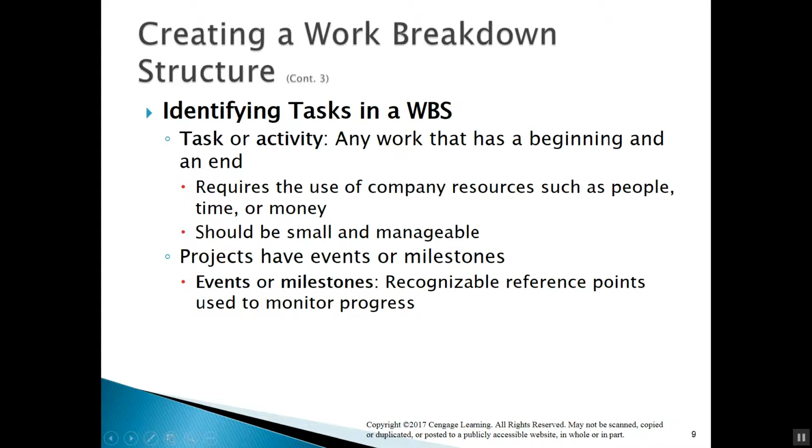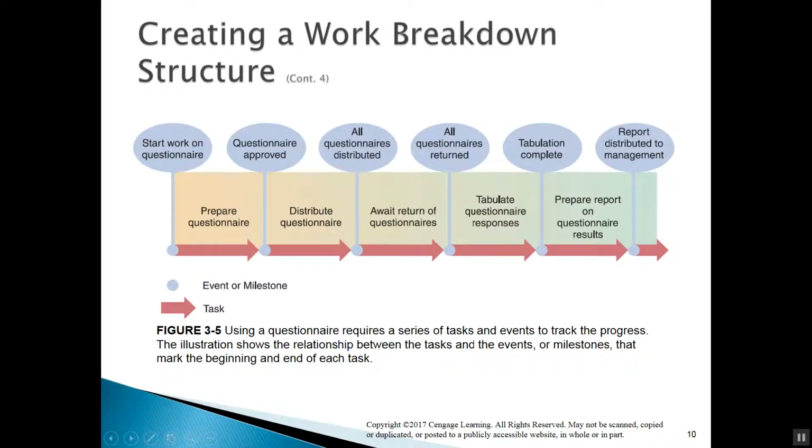Now, to identify tasks in a work breakdown structure, we've got to do a lot of research. And we have to have the tasks sequenced into what happens in what order. Now, this is something it could be dynamic. It's not a one-time shot that, oh, I missed one.